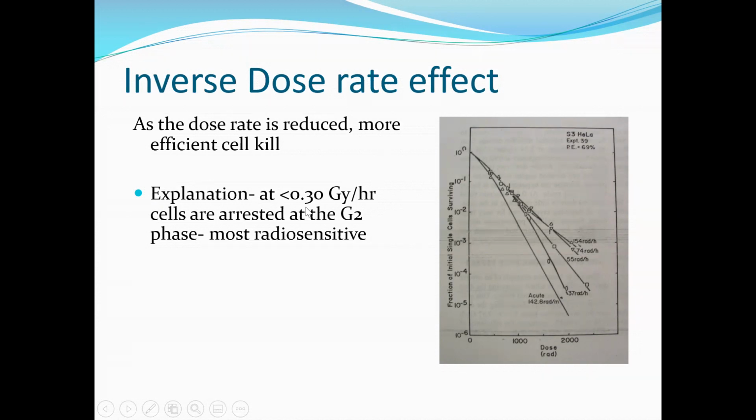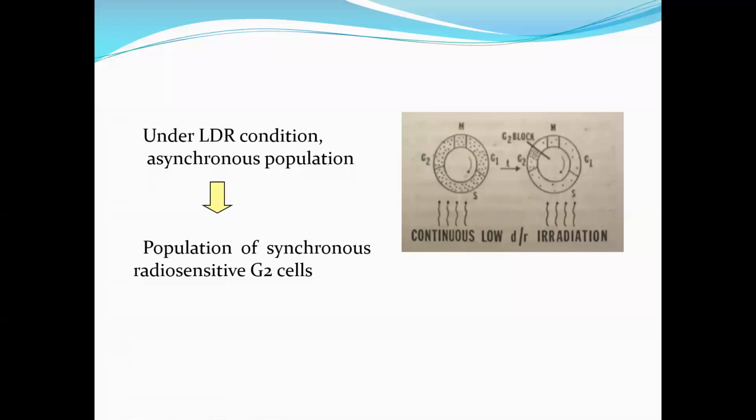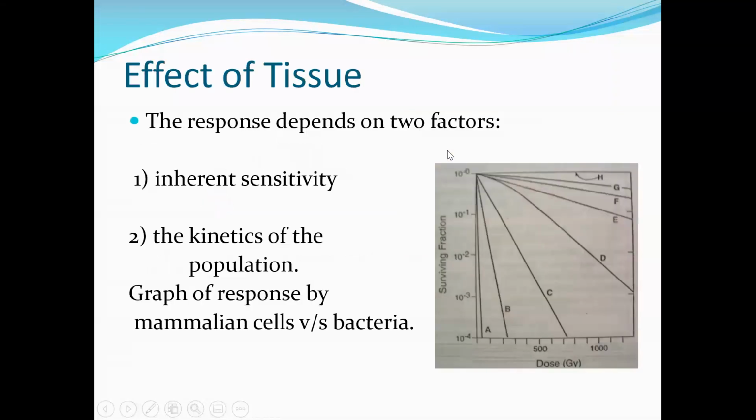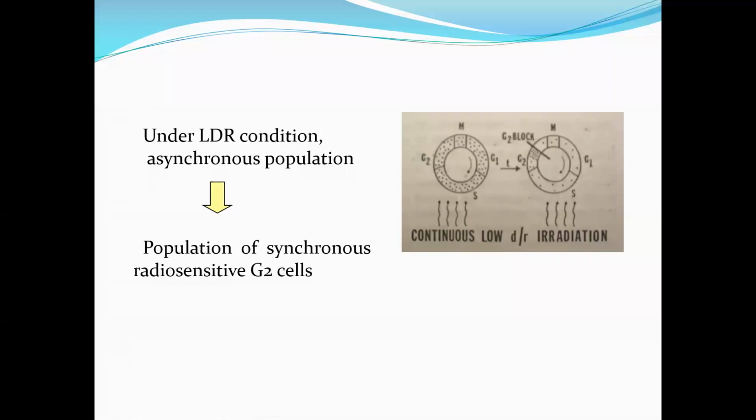At less than 0.3 gray per hour, cells are arrested at G2 phase, the most radiosensitive. Under LDR conditions, an asynchronous population becomes a population of synchronous radiosensitive G2 cells. Continuous low dose will start killing. As I explained, continuous low dose rate radiation under 0.3 gray is very low.